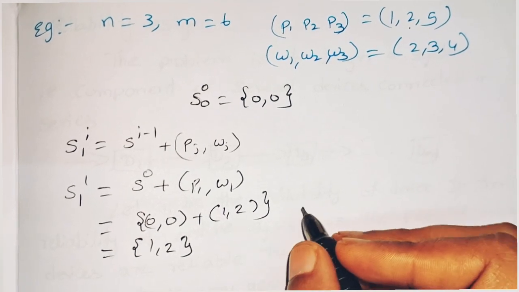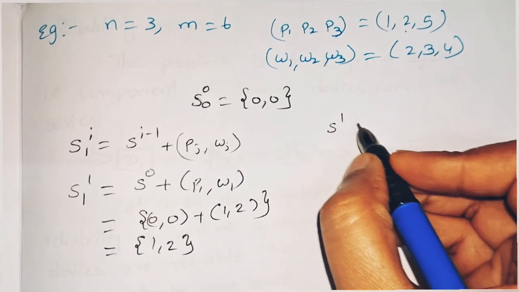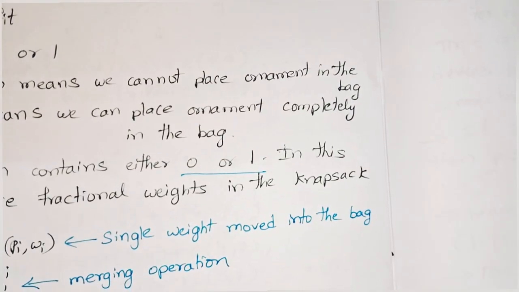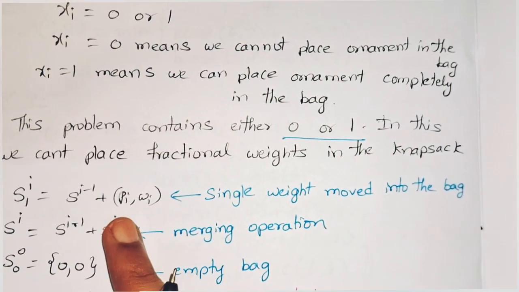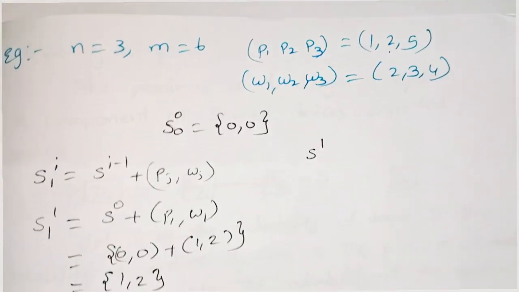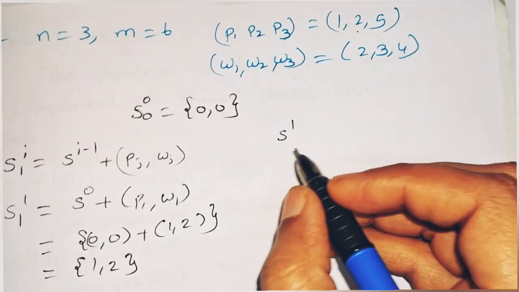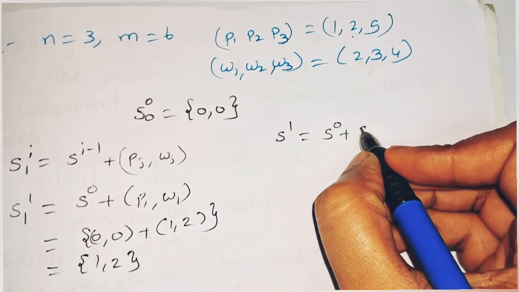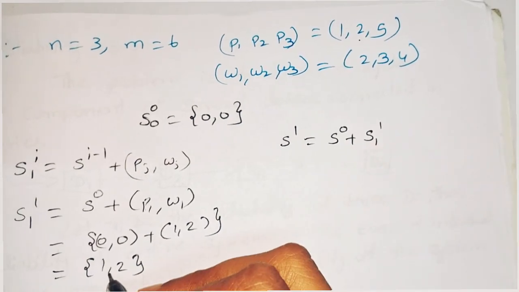Now next we will find the S^1 value. In the merging operation, we have S^i equals S^(i-1) plus S^i_1. So S^1 equals S^0 plus S^0_1.